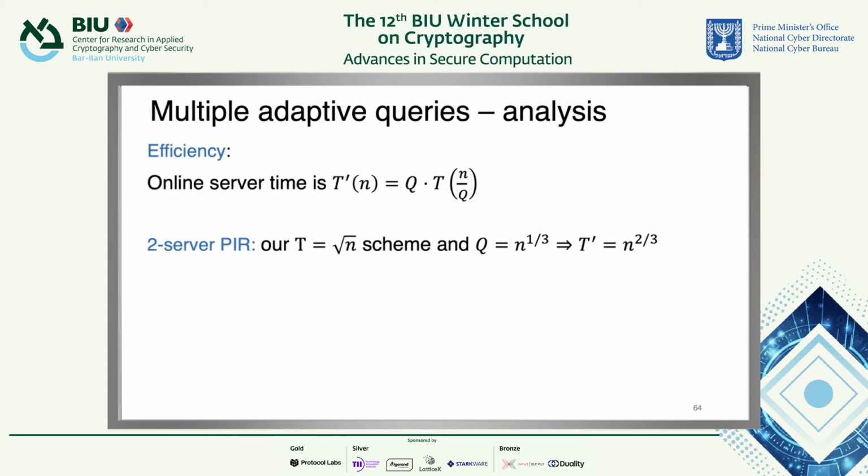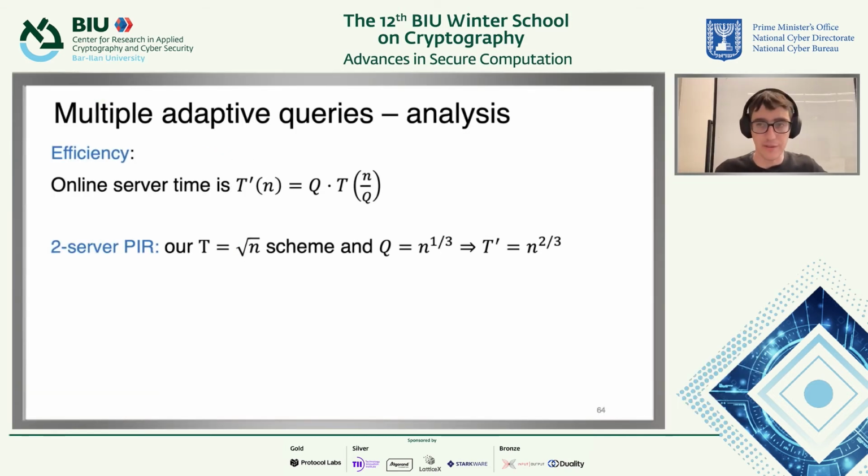And here you might ask, what happens if I want to run more than cube root of n queries? In this case, you'll just rerun the offline phase from scratch. And note that it exactly balances out: the offline phase's cost is linear, but you only need to run it once every cube root of n queries.